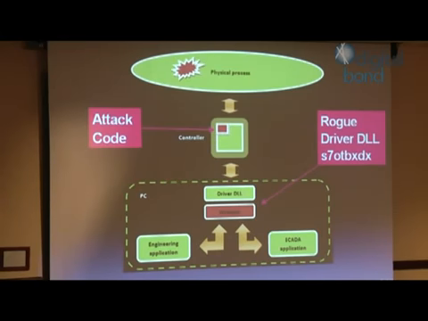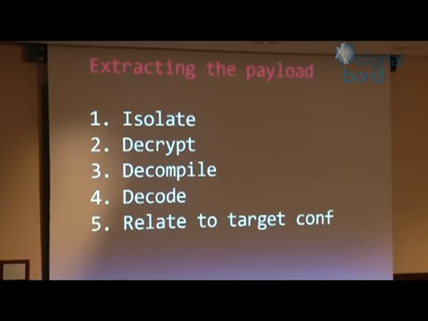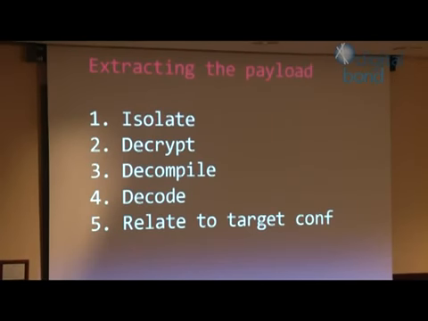So in order to reverse engineer the attack code, you have to go through a 5-step process that you can see here. First, you have to isolate the rogue ladder logic in the wrapper. Then you have to decrypt it because it's encrypted by the attackers.